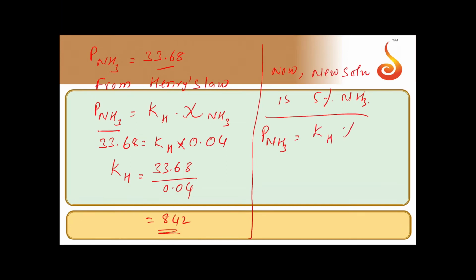The formula is KH into the mole fraction of ammonia, which is equal to the KH we just found, 842, with the mole fraction changed to 0.05 now. This value comes to 42.1 torr on calculation.